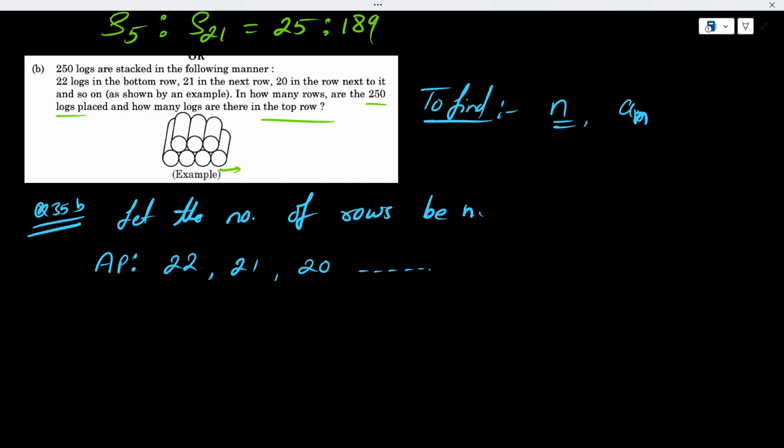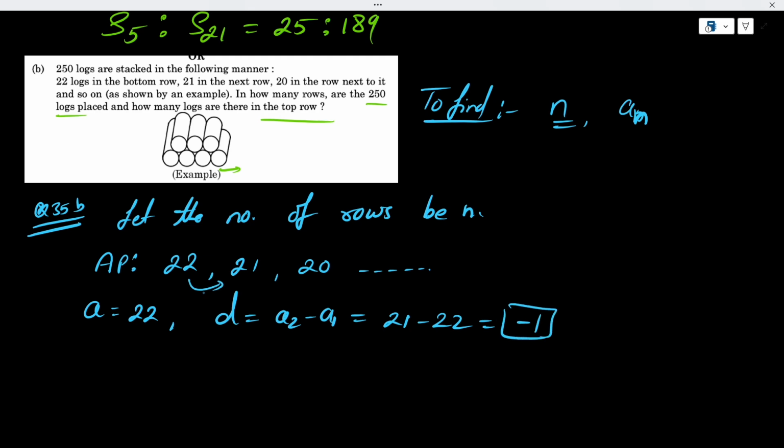If you see here, a is 22 and d is nothing but a2 minus a1, or a3 minus a2, which is 21 minus 22. Here don't make a mistake, it's not 1, it is minus 1 because it's reducing by 1. Next term minus previous term, you get it.